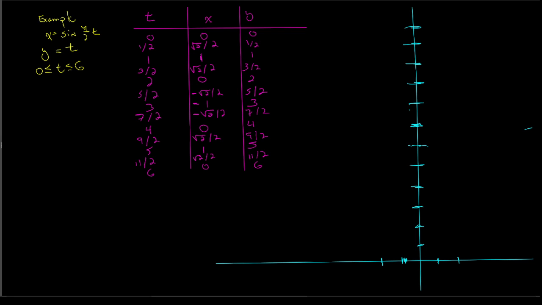And we'll plot our points. So at x equals 0, y equals 0, at x equals root 2 over 2, y is a half. Root 2 over 2 is about 0.7, so about there-ish. And then 1, then back.